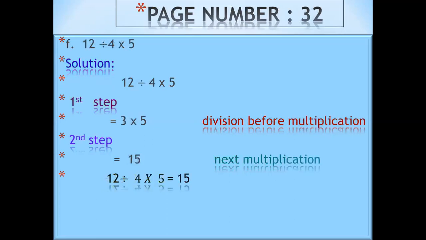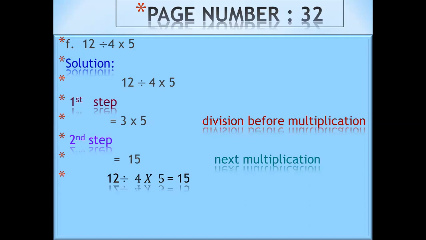Come to the F part. 12 divided by 4 multiplied by 5. Again recall DMAS. First division and then multiplication. So according to that rule, first we divide the numbers. We divide 12 by 4 and then we multiply the number by 5.